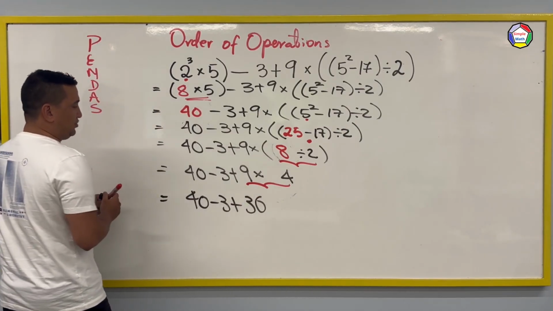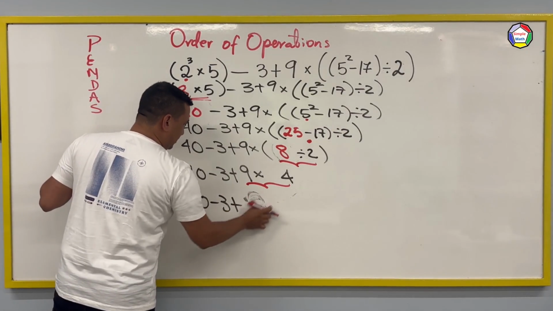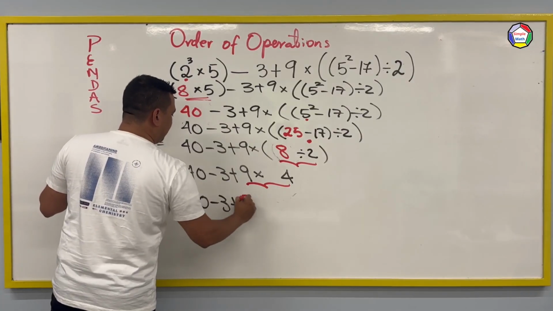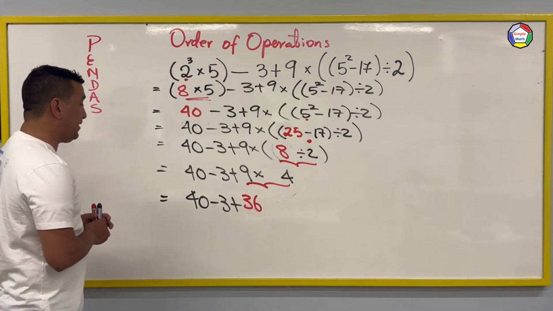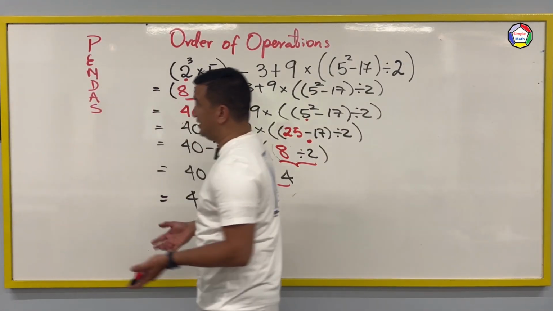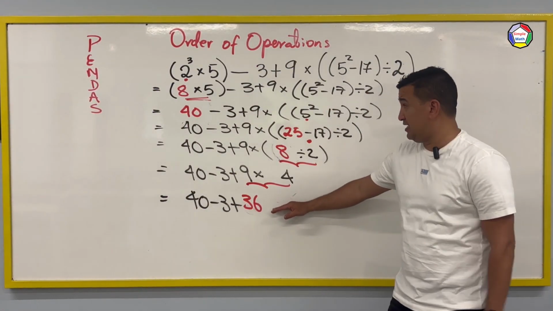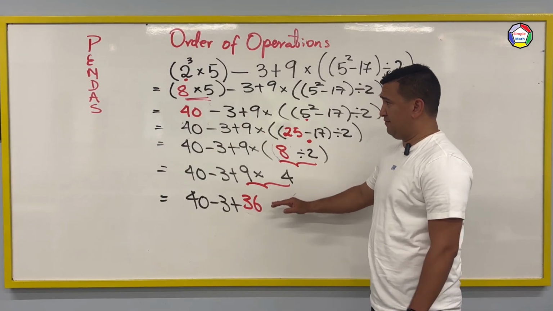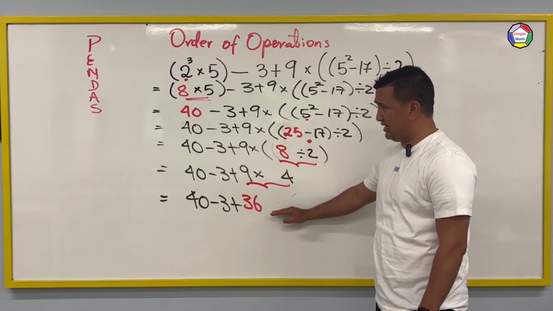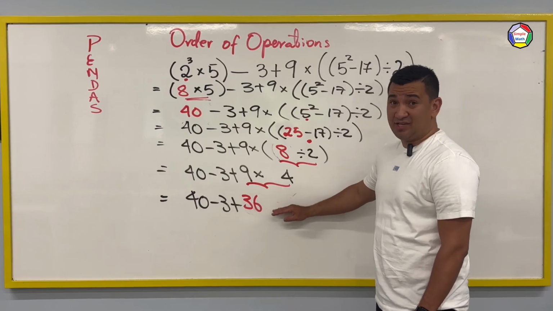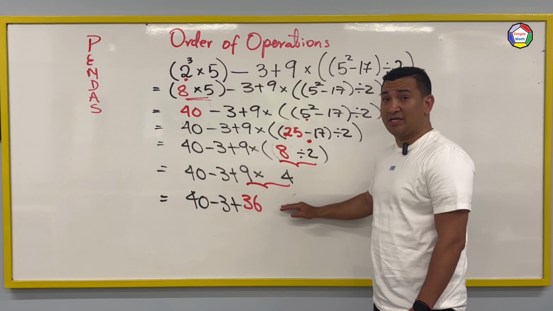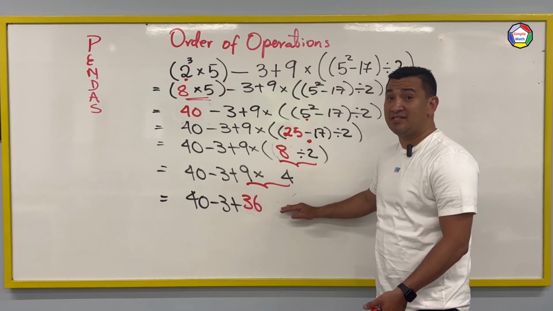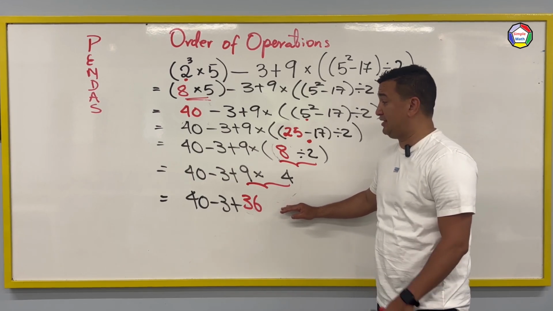Oh, I made a mistake here. So every time I solve, I write with red. This is not mandatory, but if you want, you can do it. Now I'm going to apply PEMDAS again. Parenthesis, doesn't have. Exponent, doesn't have. Multiplication, doesn't have. Division, doesn't have. It has an addition and it has a subtraction. But remember that addition and subtraction, we solve from left to right.